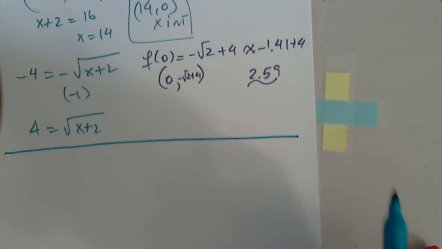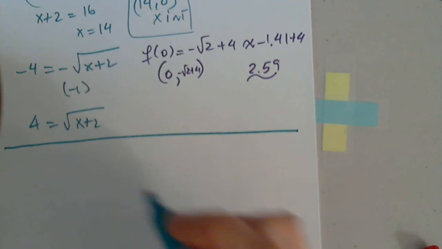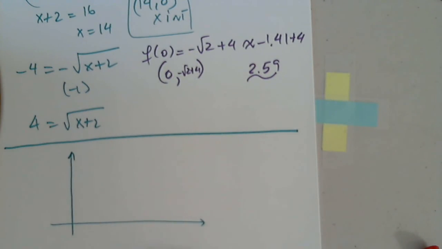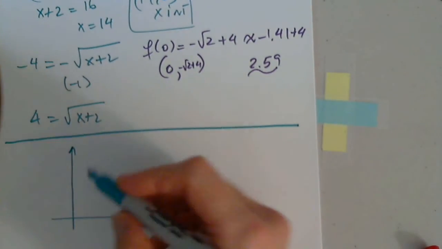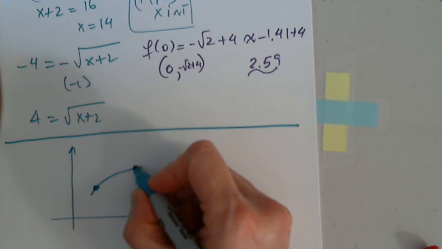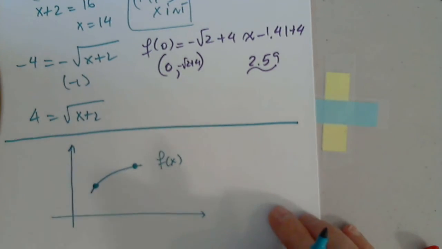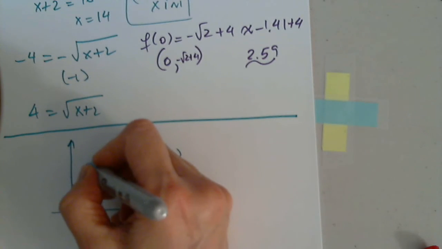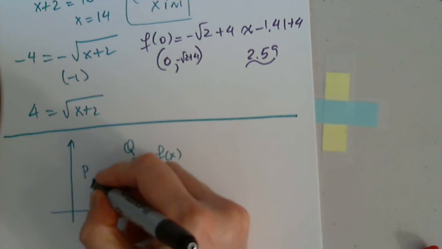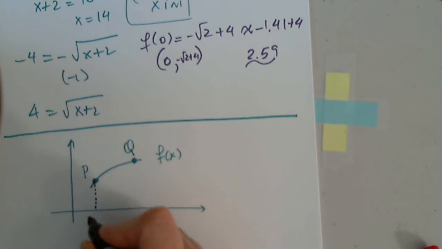before we look at that particular problem, we're going to look at a function. And I will put the title in a minute. So here's a function. And we will create 2 points on this function. I'm going to call this point P, and I'm going to call this point Q. Now I'm going to say that the x-coordinate of point P is x.